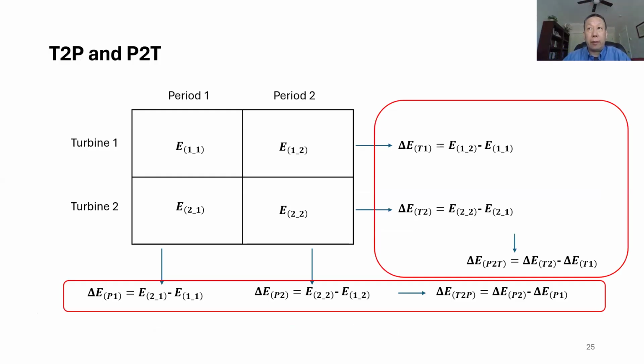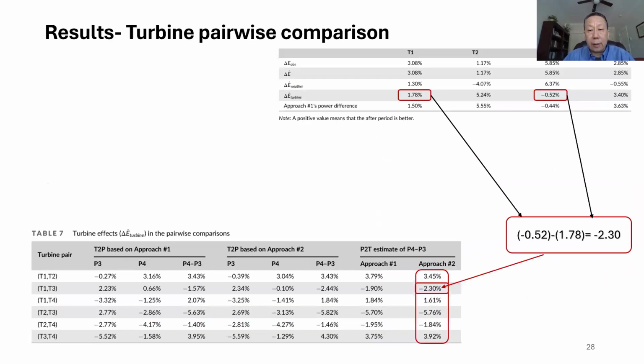If you use the same method to take a different route, either you start from turbine performance and then do the period comparison, or you start with the period performance and then do the turbine difference comparison, these two results are supposed to arrive at more or less the same result, right? If they don't, it gives you a kind of warning that something numerically is probably inconsistent in the procedure. So thankfully, in this sanity check, the method at least passed.